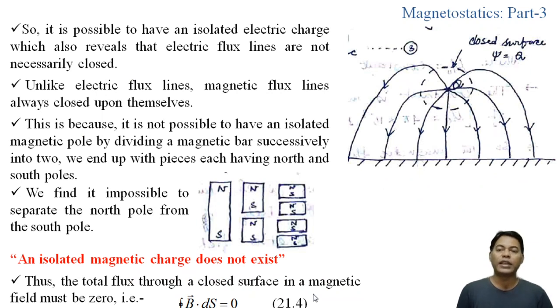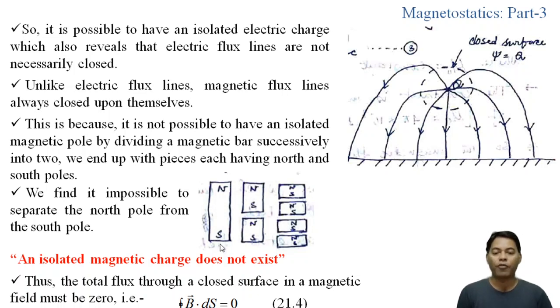That means it is possible to have an isolated electric charge, which also reveals that the electric flux lines are not necessarily closed. Unlike electric flux lines, magnetic flux lines are always closed upon themselves. Now, why are the magnetic flux lines always closed upon themselves? To understand this, we have taken one example.